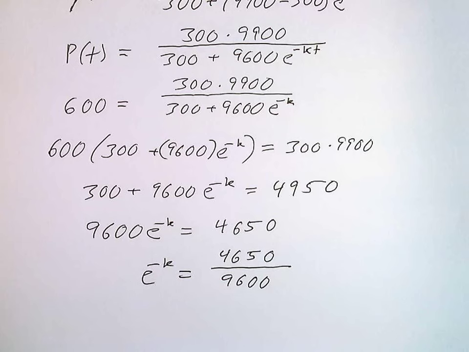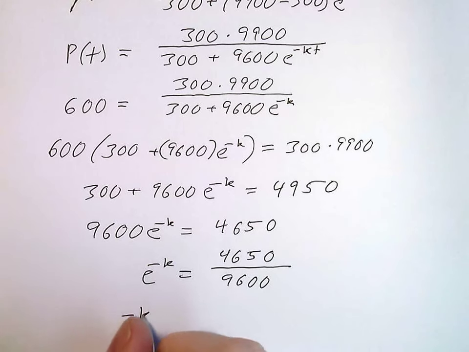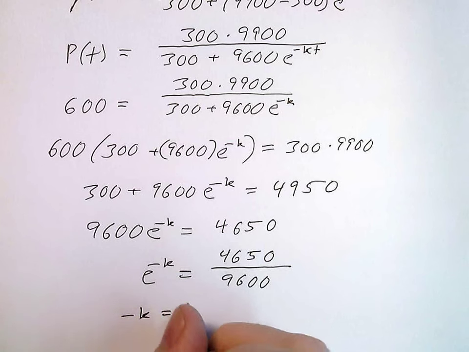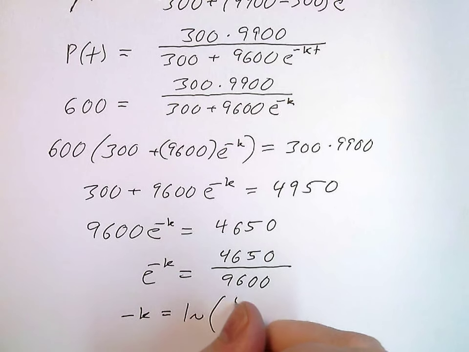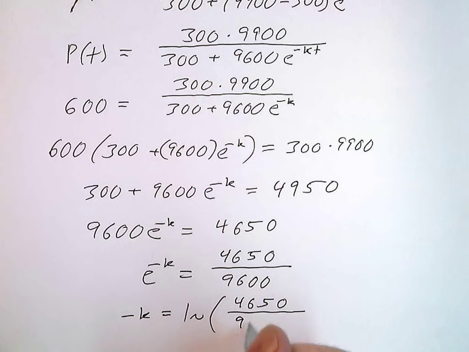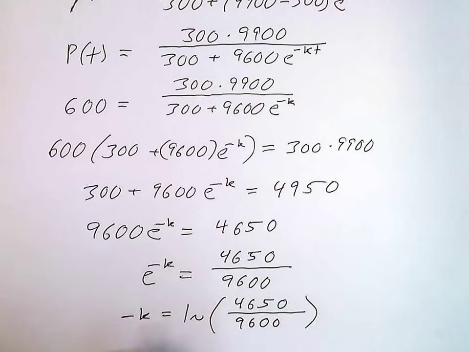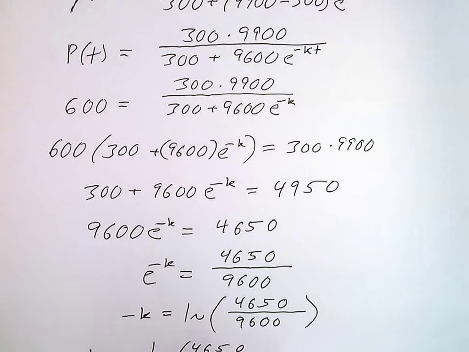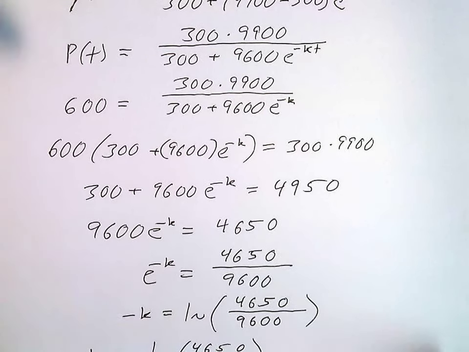And now to get rid of the e here, I take the natural logarithm of both sides. So I get negative k is ln of 4,650 over 9,600. So k here is negative ln of 4,650 over 9,600.